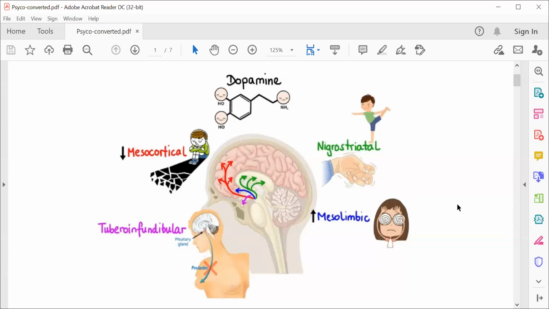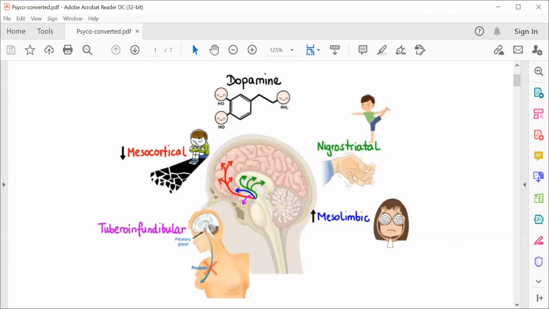Something is there, positive. On the other hand, the deficiency of dopamine in the mesocortical pathway, which is the red one, leads to what we see here, like a depressed patient or low mood person. So we call it negative symptoms. Negative means nothing there.